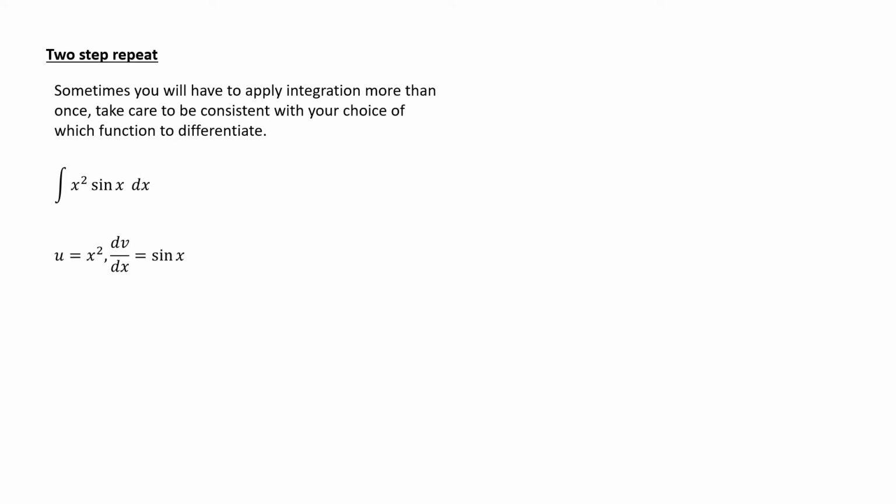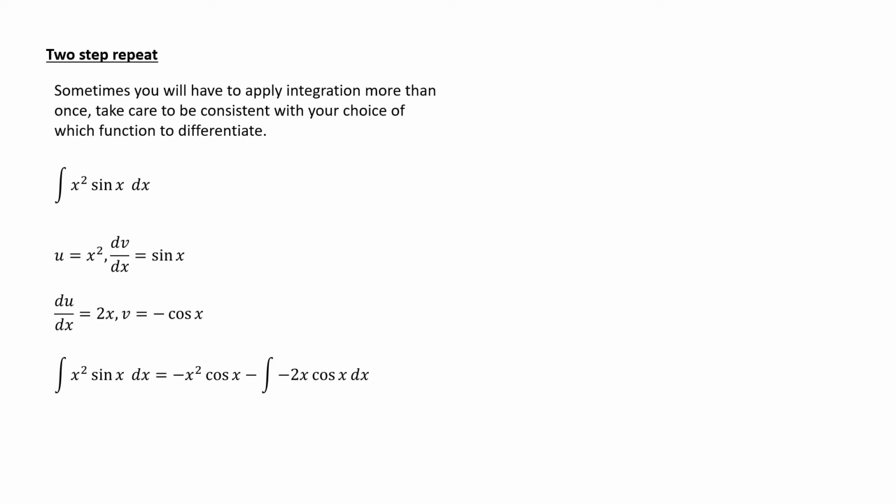So if u equals x squared, dv by dx equals sine x, du by dx is going to be the differential of x squared, which is 2x, and v is going to be the integral of sine x, which is minus cos x. I personally like to always put it down like this, so I'm clearly showing that I've got the uv, but I've said that before. So the integral of x squared sine x with respect to x is equal to minus x squared cos x.